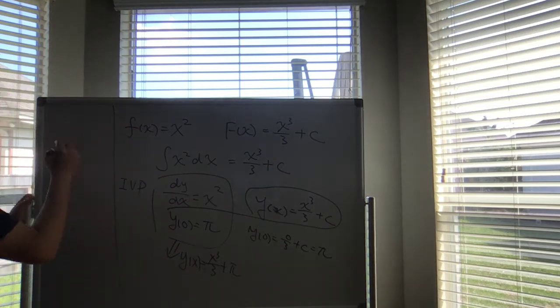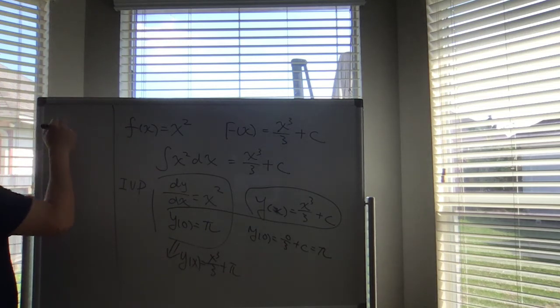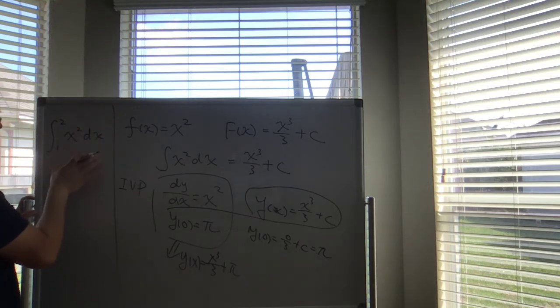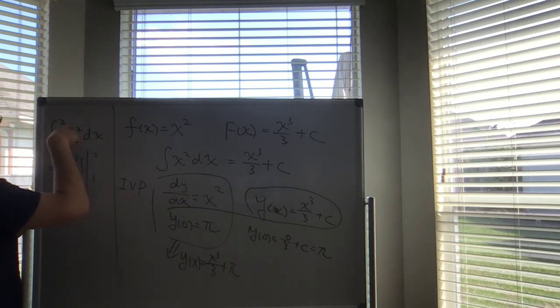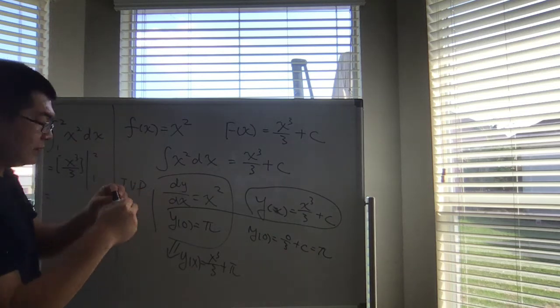Well, let's also talk about this. This is what we call a definite integral, okay? And then what you do is use the fundamental theorem of calculus part 2. You find the antiderivative, and then you evaluate at the start and end points, and take the difference.